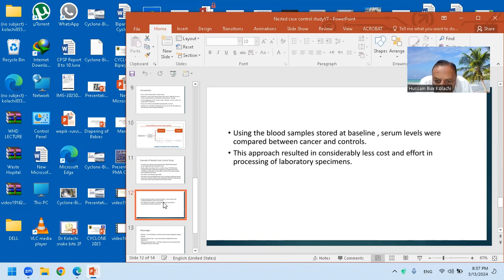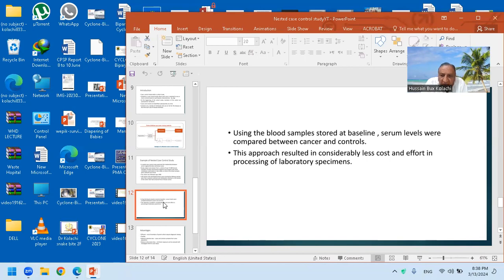This approach resulted in considerably less cost and effort in processing of laboratory specimens, because the specimens were there, and after 20 years cases were detected, and the serum of those 150 cases and 150 controls was tested.